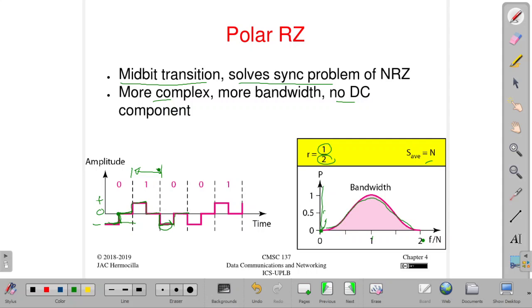So two signaling elements per one bit, and this is also 0, so this one is negative, and then we have a mid-bit transition going back to 0. That's why it's called return to 0, etc. And of course you get the idea of this polar RZ.